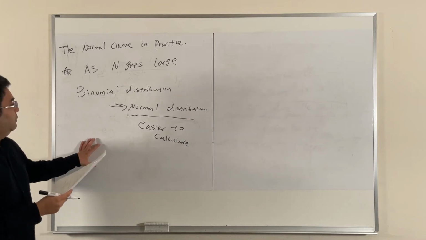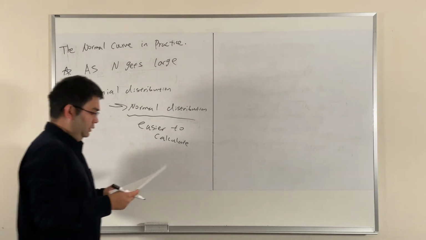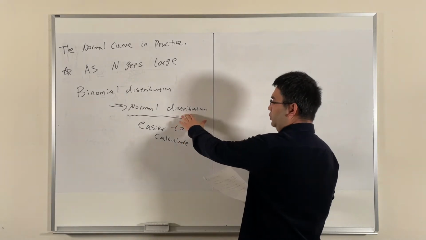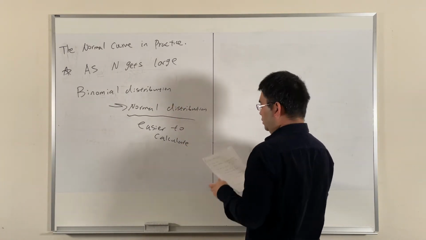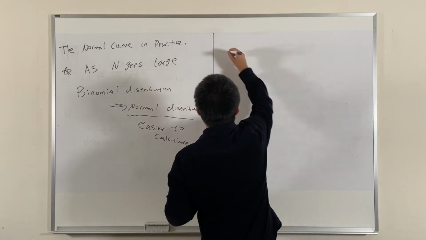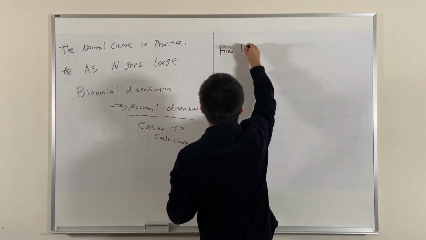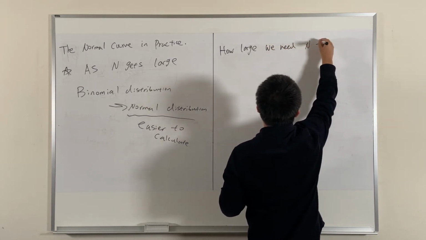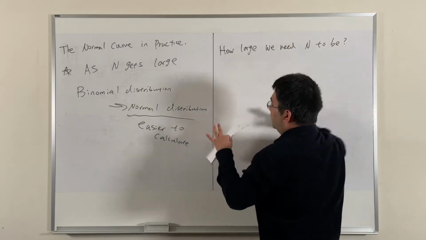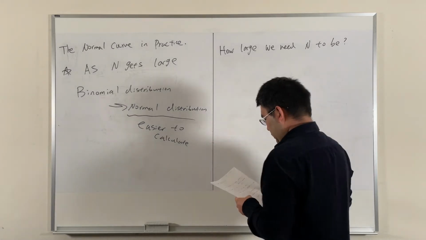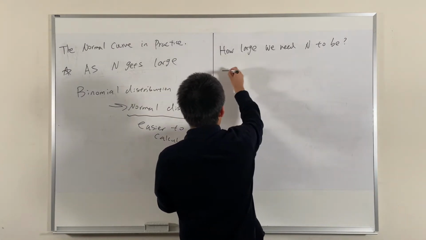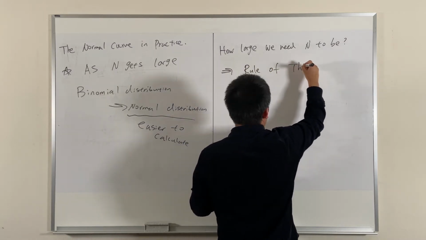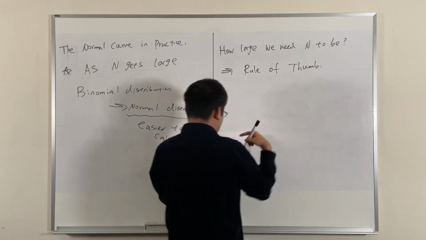But before that, let me give you two conditions you need to check before you'll be able to use normal distribution to help solve binomial distribution. So the question is how large we need n to be, right? So how big of a sample size you need. The rule of thumb for this is you need two conditions.